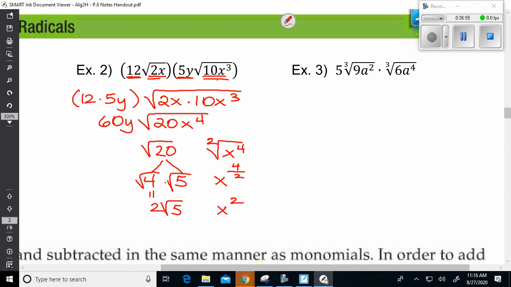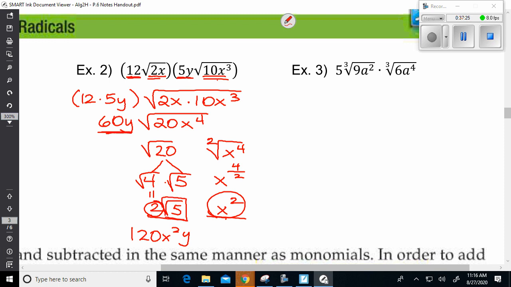All right. You have 3 parts. You can't have 3 parts. You got to clean it up. So, out gets multiplied together. So 60y times 2 times x squared is 120 x squared y.